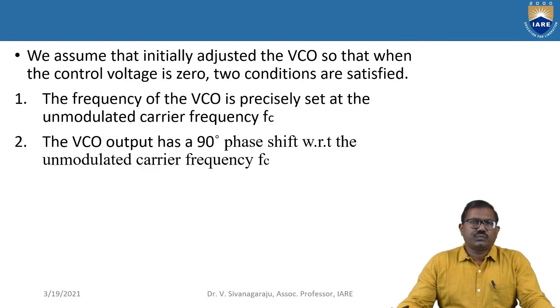We assume that we initially adjust the VCO so that when the control voltage is 0, two conditions are satisfied. One is that the frequency of the VCO is precisely set at the unmodulated carrier frequency fc. The second is that the VCO output has a 90 degrees phase shift with respect to the unmodulated carrier. So these are the conditions.